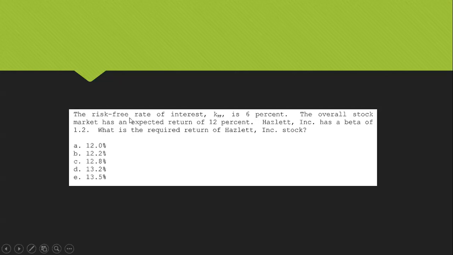This is the risk-free rate, so they put K sub RF, meaning risk-free. The risk-free rate of interest in this problem is 6%.